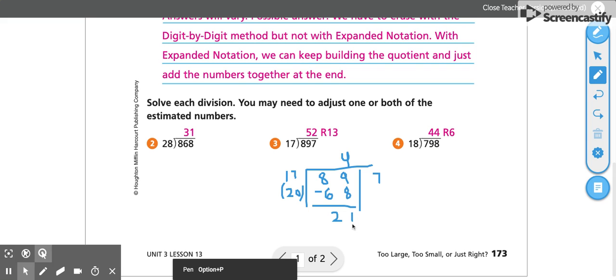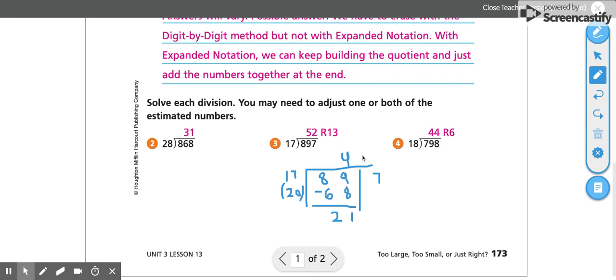All right, so I realized that I didn't write my 0 here for the 40 because we're trying this expanded notation since we know that it's not going to quite work. So then I think to myself, okay, can I get another whole 17 or 20 into 21? And I can. I can get 1 more. So I'm going to add a 10 up here.